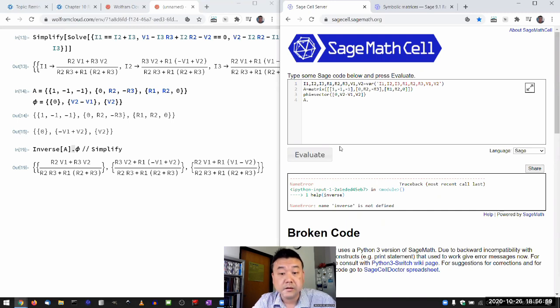I'm accessing the functions that are bound to this object A. One of the functions is called inverse, which takes the data stored in the object and runs its algorithm to compute the inverse. Okay, so that's the inverse matrix. Multiply that by phi, and that should get me the solution, I1, I2, I3.